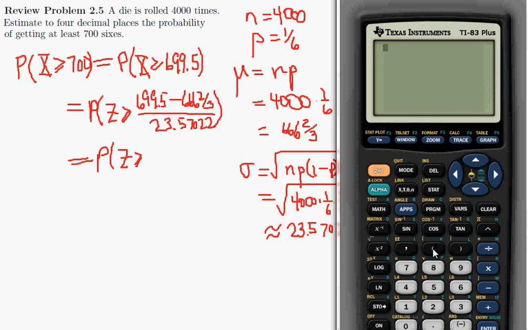Let's first do the square root by itself. The square root of 4,000 times a sixth times 5/6 is 23.57. And so when I convert to standard units, 699.5 minus 4,000 over 6, divided by the answer we just got, gives our answer in standard units, 1.393.